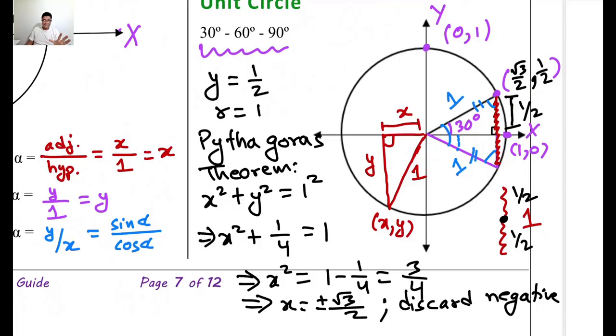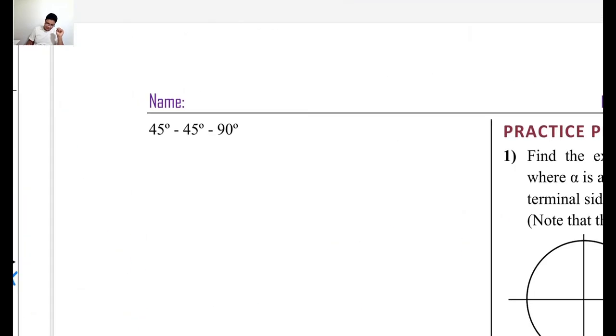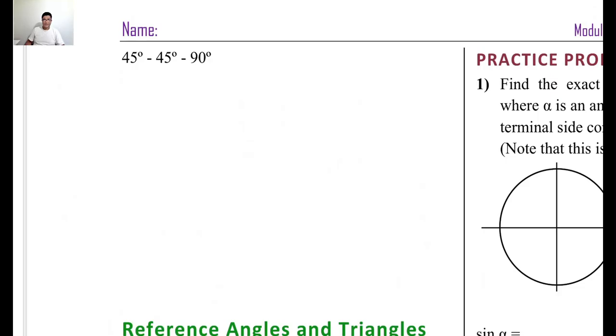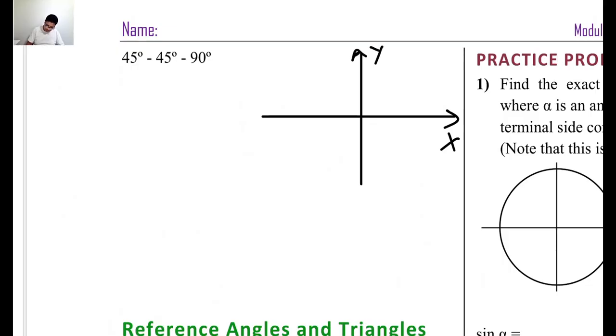Just keep that in mind for now. We will go to the next. For 45 degrees, similarly, x-axis, y-axis, unit circle, and 45 degrees would be here.